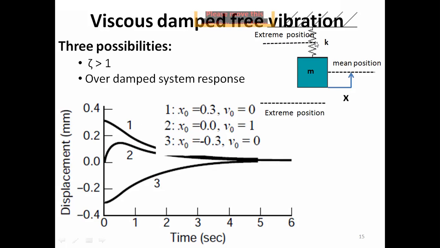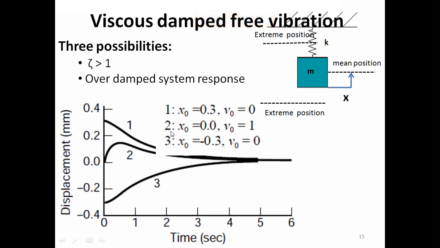And from there, if we release the system, slowly and gradually the mass would come back to the mean position or equilibrium position. So this is what is happening in the first case. Initially the mass is at plus 0.3, and from there if we release the mass, slowly and gradually the mass would return back to the equilibrium position.